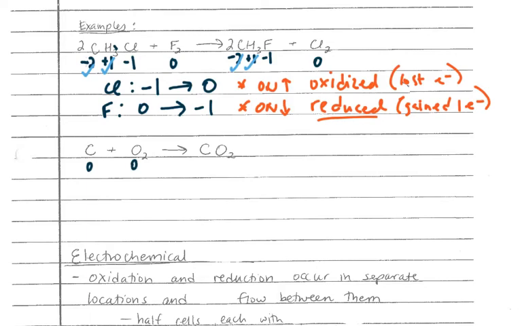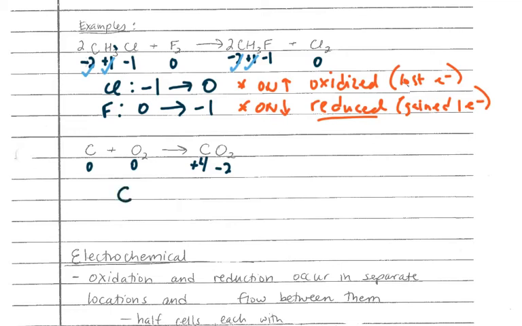Carbon dioxide, this compound, we've got to figure out the charges. In a compound, oxygen almost always has a charge of -2, so we're going to give it a charge of -2. And if there are 2 oxygens at a -2 charge, then in order for this whole thing to have a charge of 0, that carbon needs to have a +4 charge. So there's a total of +4 and -4 to equal 0, which is the charge on that compound.